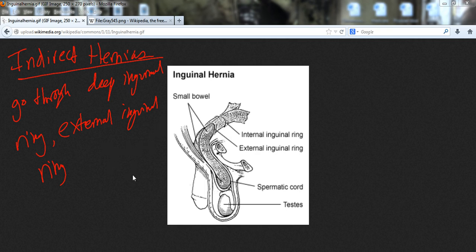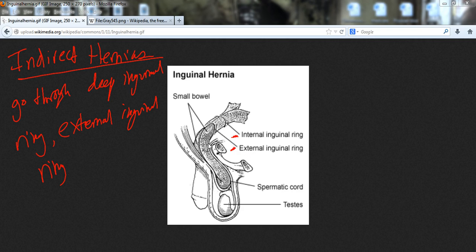So let's take a look here. We've got bowel. The thick thing is just bowel, so small intestine, for example. And what we're going to do is go through the deep inguinal ring. Then we'll also exit through the external inguinal ring, or the superficial inguinal ring.